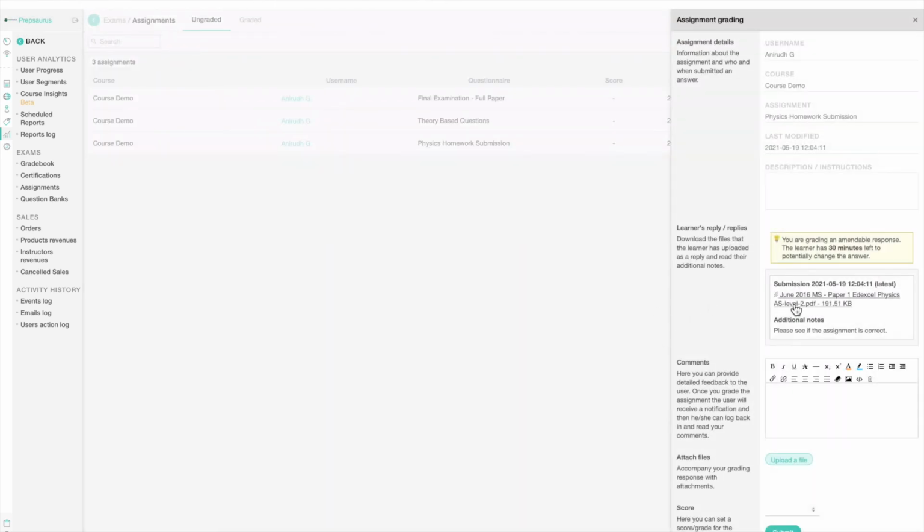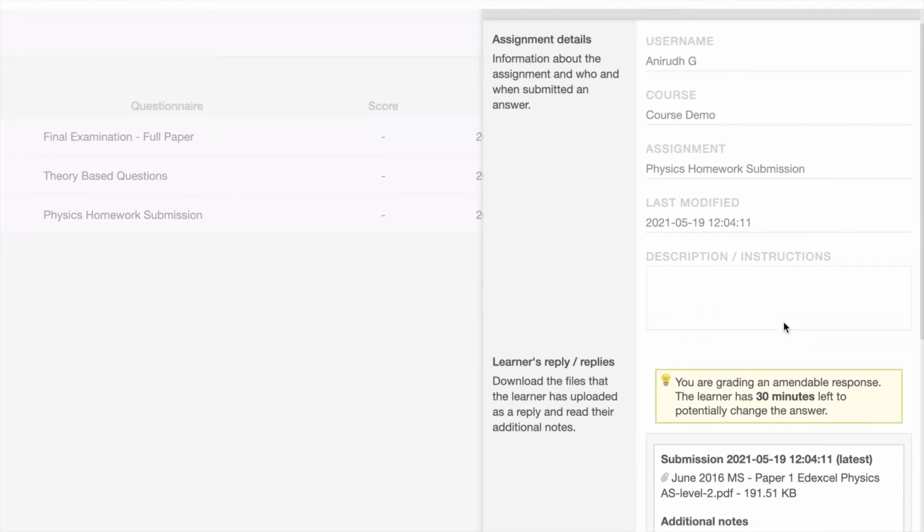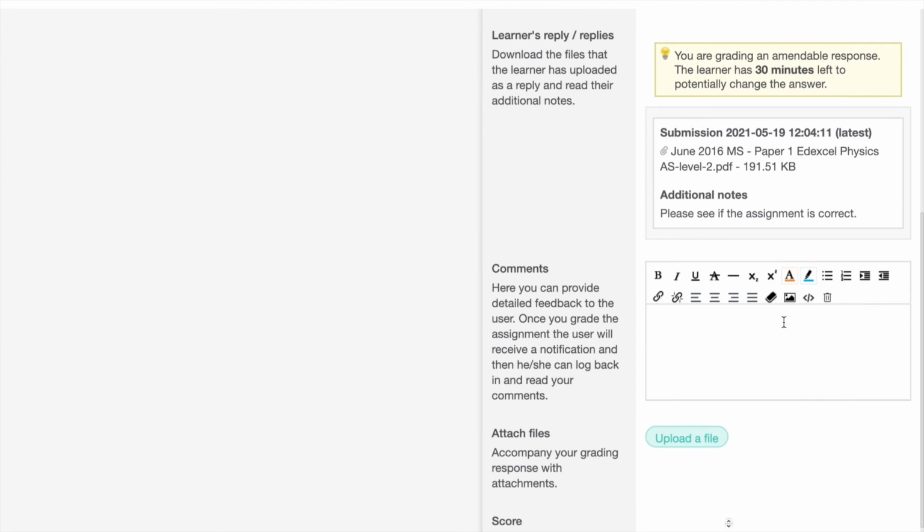The instructor can grade these assignments by opening the grade assignment, and they can have a look at what are the details given. So here they see that the student has uploaded the answer sheet. This can be clicked, downloaded, and the comments can be given.